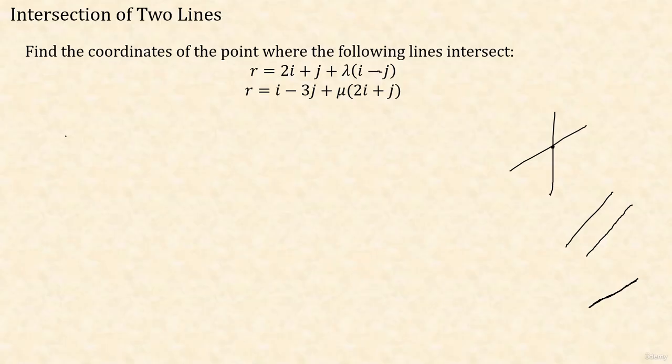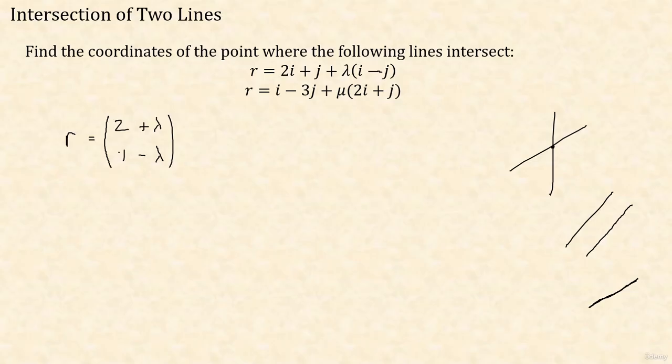I'm going to take that first line and I'm going to think about what its i coordinate is at an arbitrary point and what its j coordinate is at an arbitrary point. So its i coordinate is 2i plus lambda i, so that is 2 plus lambda. That's its i coordinate. And its j coordinate is 1j plus negative lambda j, so that's 1 minus lambda.